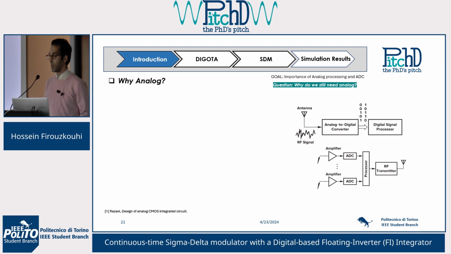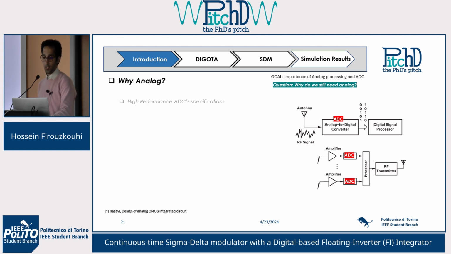Okay, so the main question is: why do we still use analog? According to the figure that you can see, the analog to digital converter seems to be a crucial block, and it affects the performance of many systems.